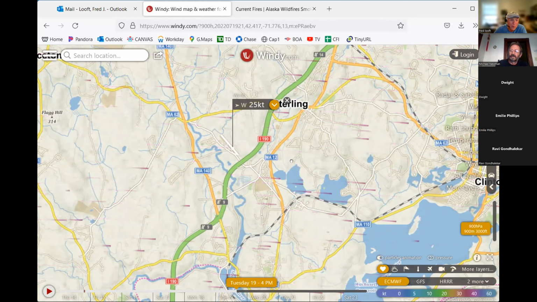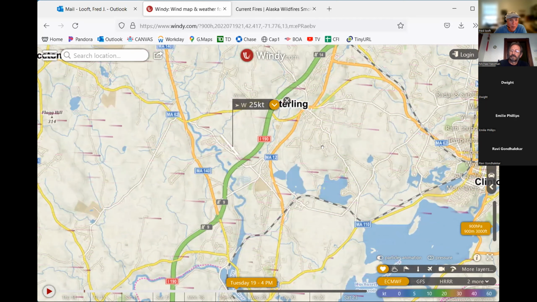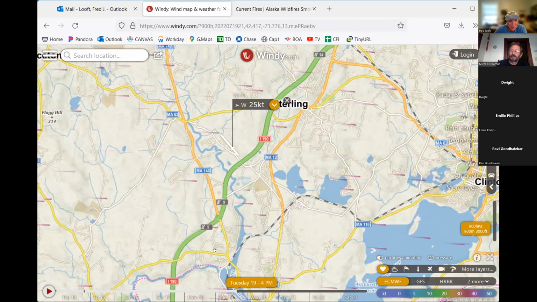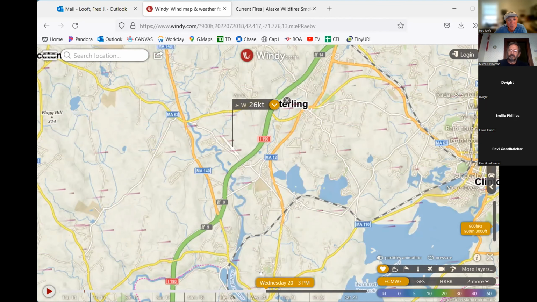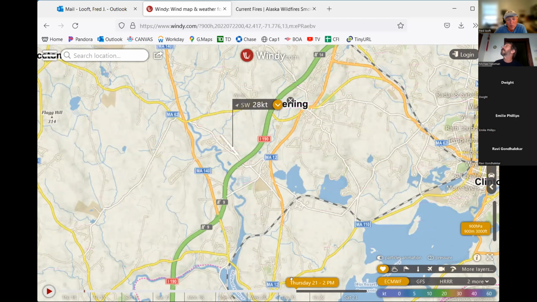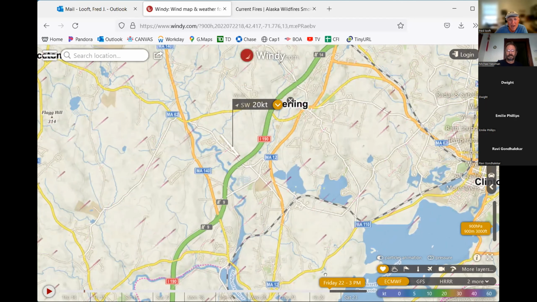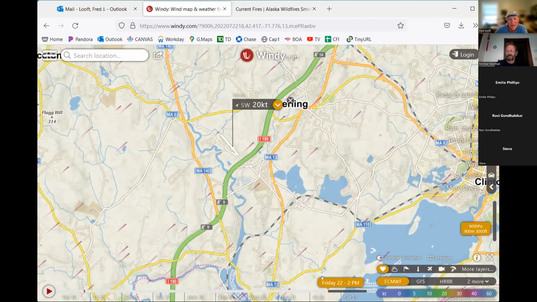And frankly, if you get up high, you run the risk, if you go downwind, especially in one of the club gliders, of not being able to get back to the field if you get too far downwind. Wednesday, 26, a little bit more cross. Tuesday, 23. So the winds aloft for the rest of the week, I'm just kind of eyeballing here. Hey, that's just something to be aware of.